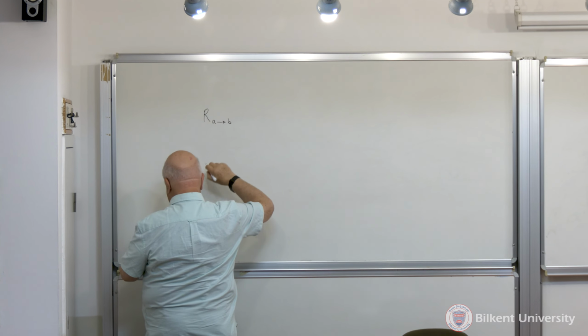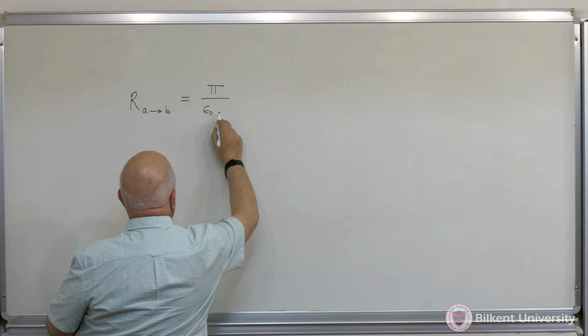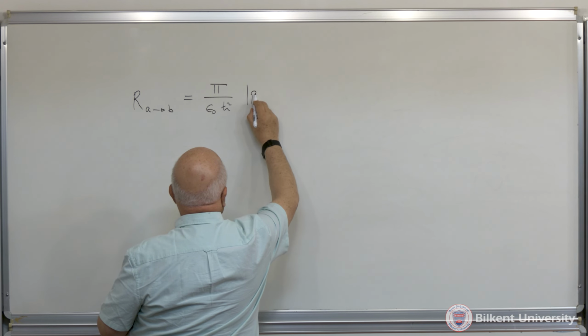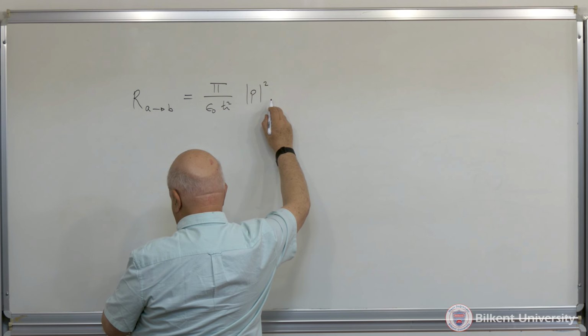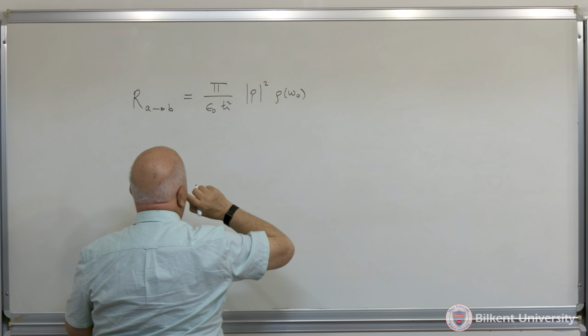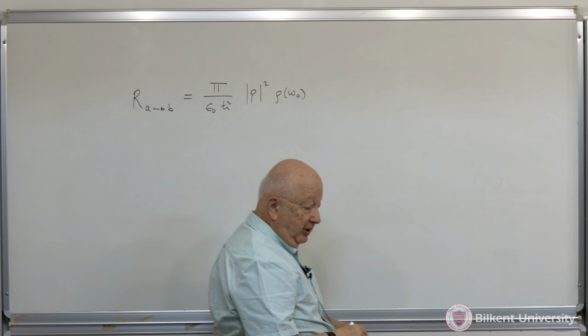I don't know if I missed any factors or anything, but this is the correct form. Pi over epsilon 0 h bar squared, and then there's this magnitude of p squared rho omega 0. So we have the energy density associated with the electric field.